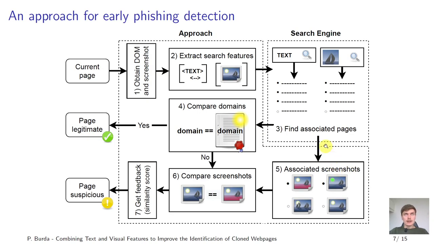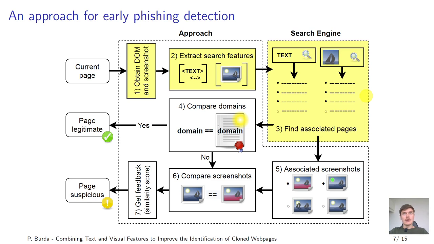In this approach, you can see we pick, let's say, a current page as an input. So we have its URL and we have the page with its DOM, and we make a screenshot out of that. And with some magic, we extract the textual and visual features of the page.